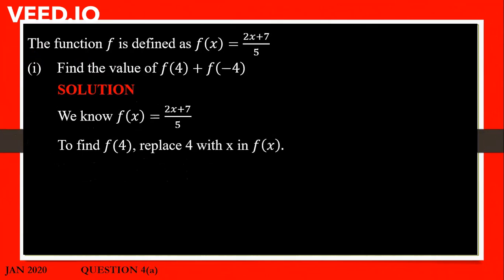In order to find the value of f of 4 plus f of negative 4, we are going to first find the value of f of 4, and by doing this, we are going to replace x with 4 in the function f of x. In other words, anywhere I see x in the function f of x, we are going to put 4.